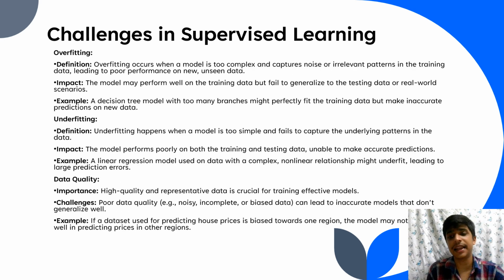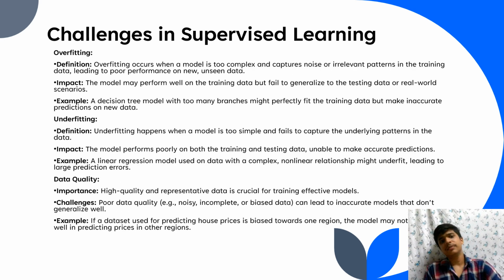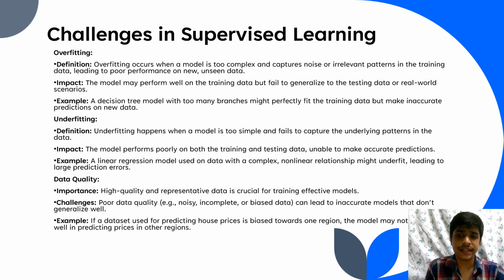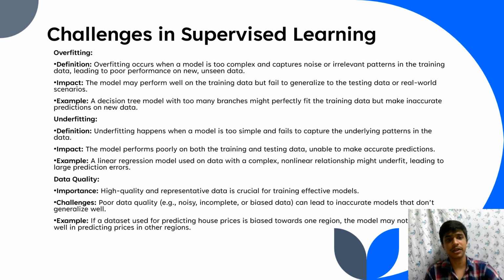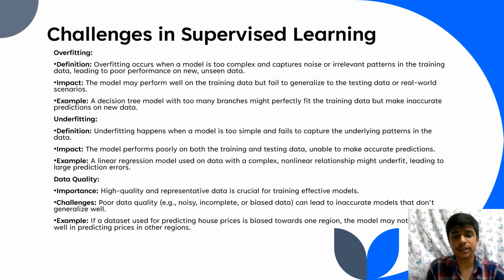Next are the challenges. One challenge is overfitting: when the model is too complex, it is difficult to represent the data. And underfitting means that when the model is too simple, it gives wrong output.